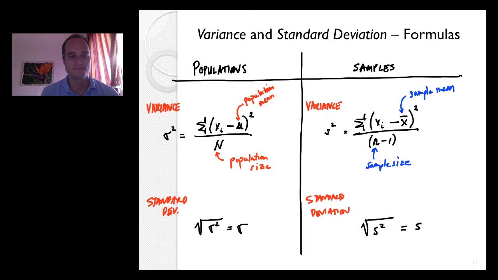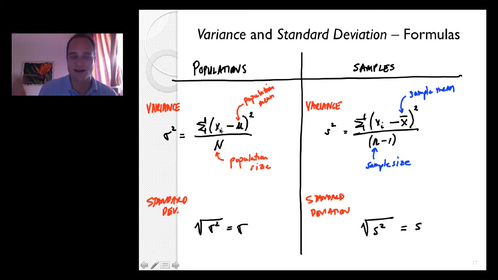All right, so we'll start with the population, left-hand side. The variance of the population is denoted by lowercase sigma squared, not the uppercase. It's going to be the average of the squared deviations from the mean. We have mu here, the Greek letter mu, which is the population mean.